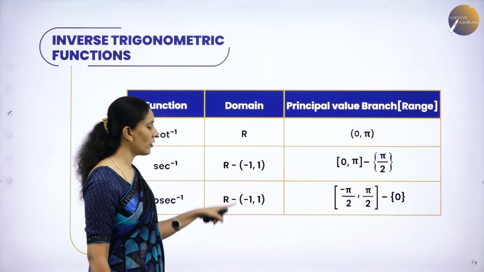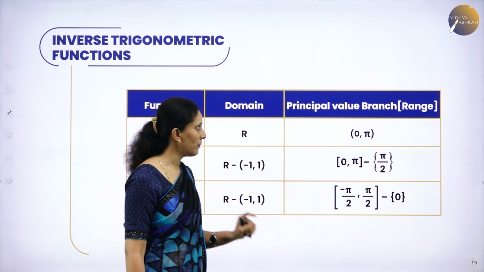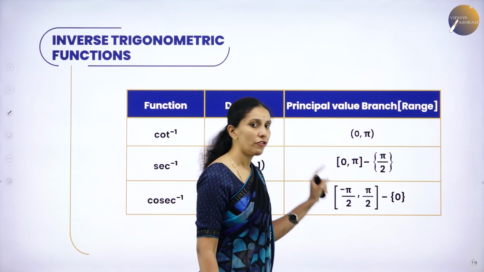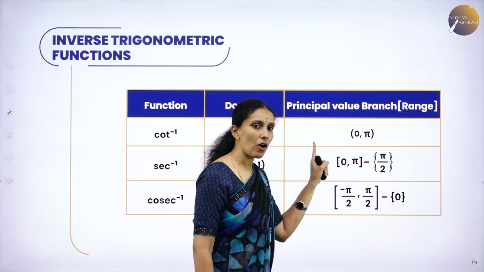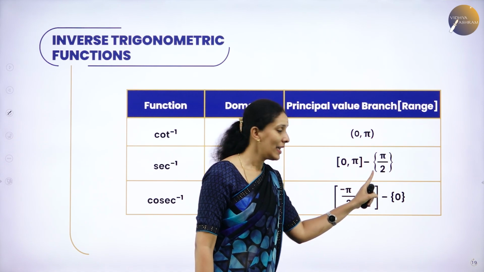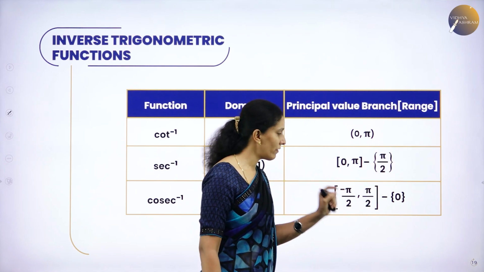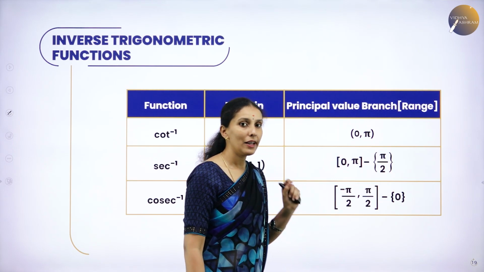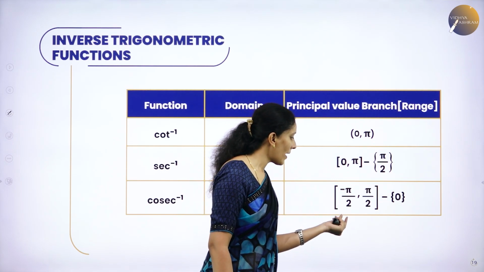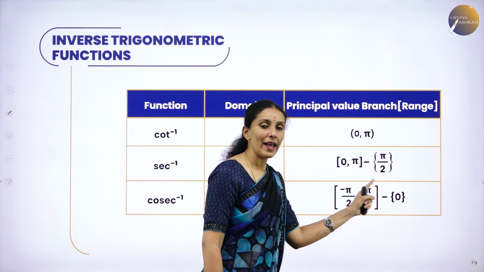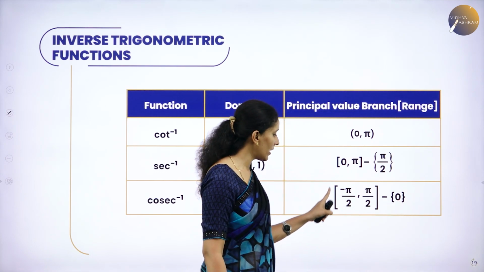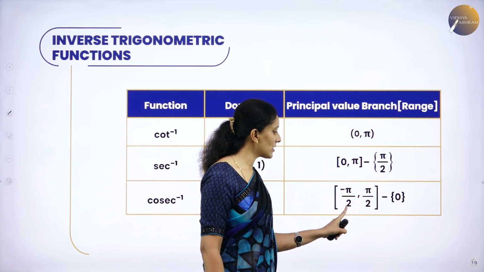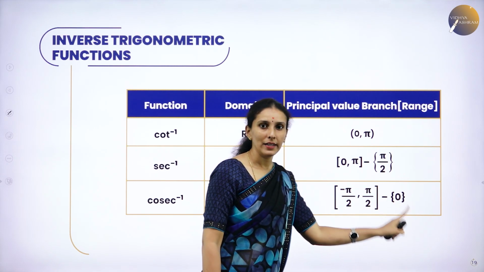The domain of secant and cosecant is the same, but the principal value branch for the secant function is all the values from [0, pi] except pi by 2. That is why we have taken [0, pi] minus {pi by 2}. Similarly, for the cosecant function it is -pi by 2 to pi by 2 except 0. That is why we have taken the square brackets [-pi by 2, pi by 2] minus {0}.